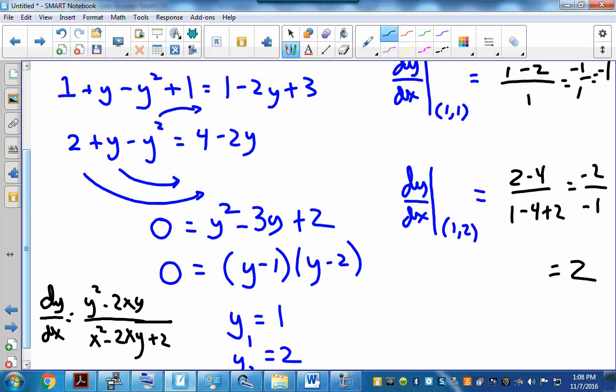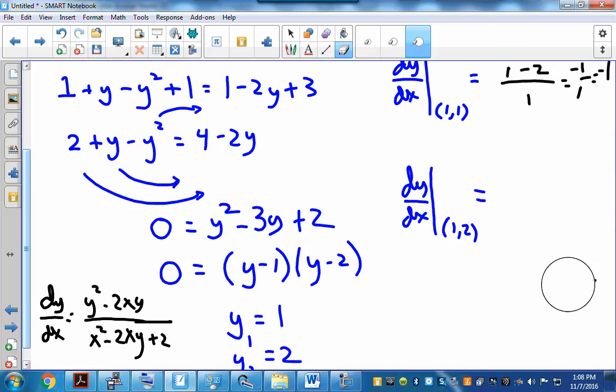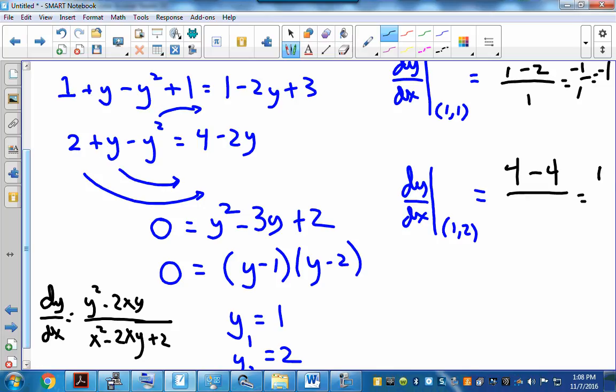Let's see. This is supposed to be 0. Let me redo this calculation here. Okay, y is equal to 2. So that's 4 minus 2 times 1 times 2, which is 4. There we go. Okay, so that's 0 on top. And as long as the bottom isn't 0, we're okay.